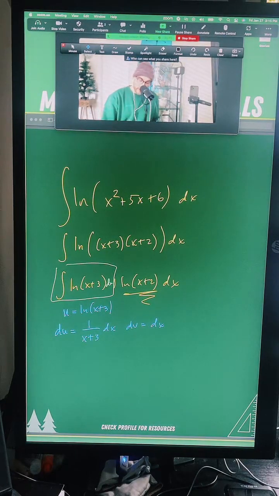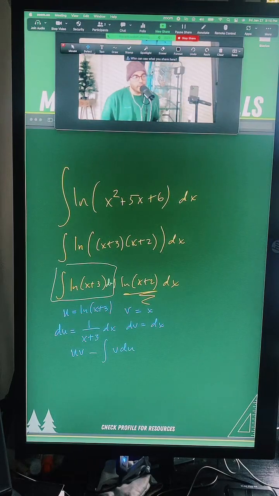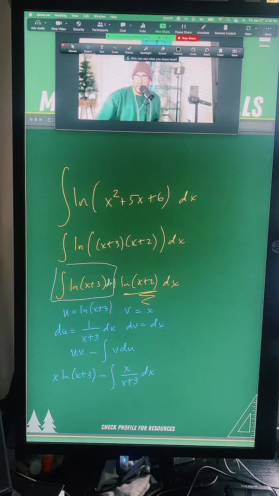All right. So then now, going back to our integration by parts, that means that v is just going to be x. So if we rewrite our formula, that's uv minus integral v du. That's the integration by parts. It is going to be x natural log of x plus 3 minus integral of x over x plus 3 dx.